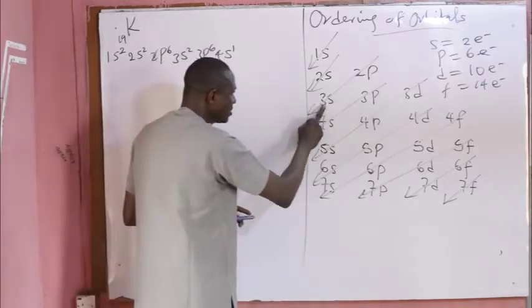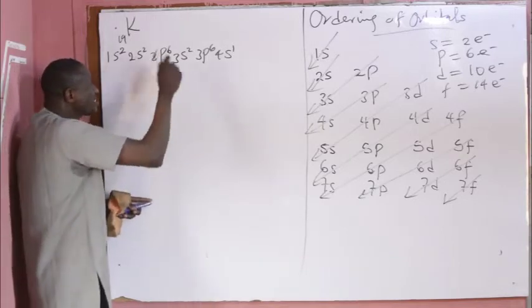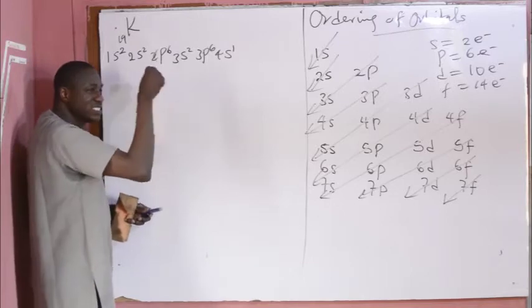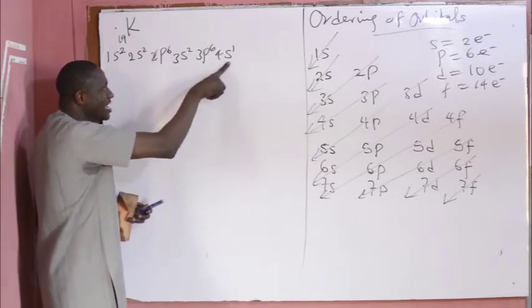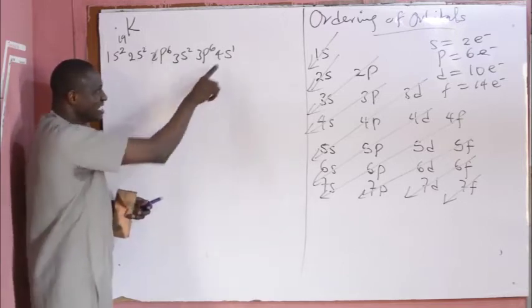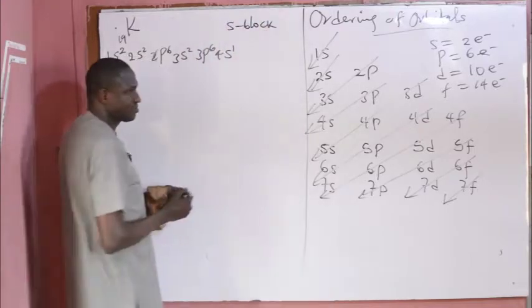After 3p, you have 4s. The last orbital when you are writing the electronic configuration of an element indicates the block of that element. Because the orbital occupying the last electron in the atom is s, potassium is an s block element.